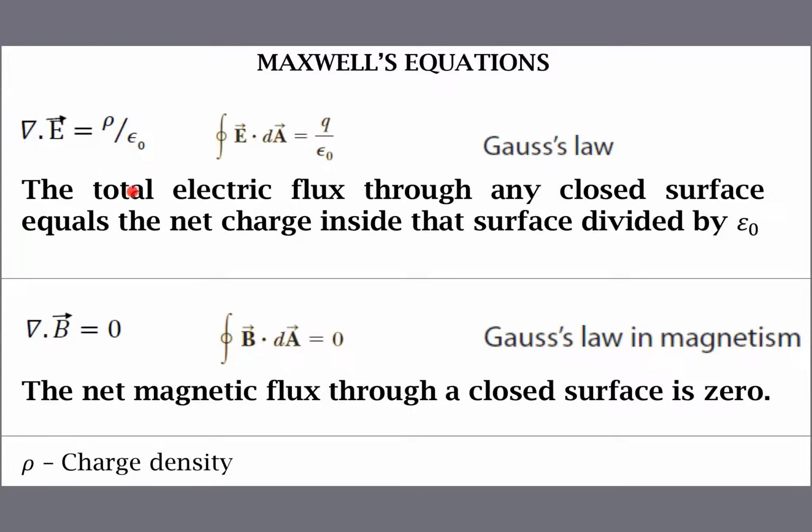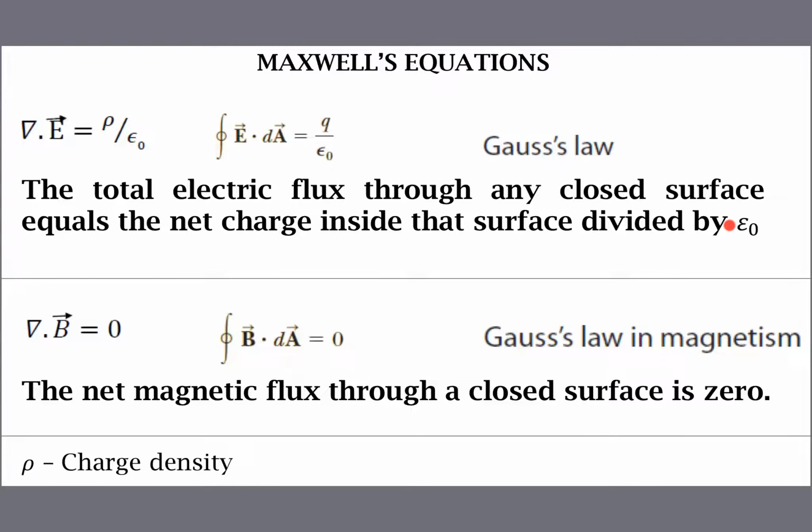It is telling us that the total electric flux through any closed surface equals the net charge inside that surface divided by the permittivity. So Gauss' law relates the electric field to the charge distribution that creates it.